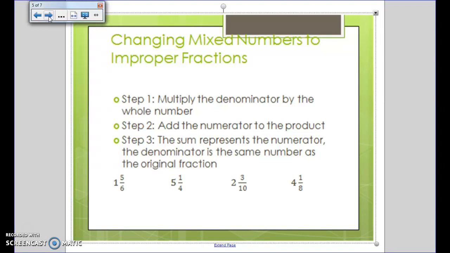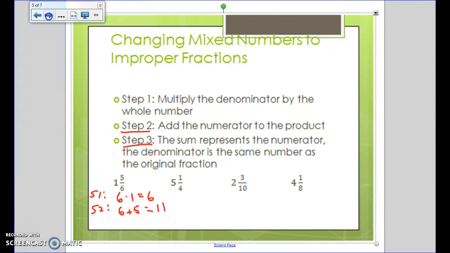Step 1 is just multiply the denominator by the whole number. So step 1, 6 times 1. That's 6. Okay, step 2, add the numerator to the product. So this is the product, and I'm going to add the numerator. Step 2, 6 plus 5. That equals 11.